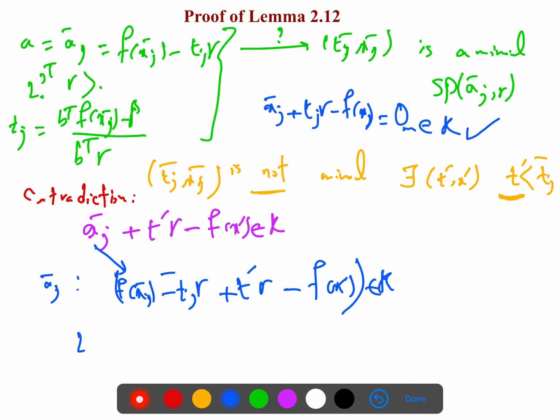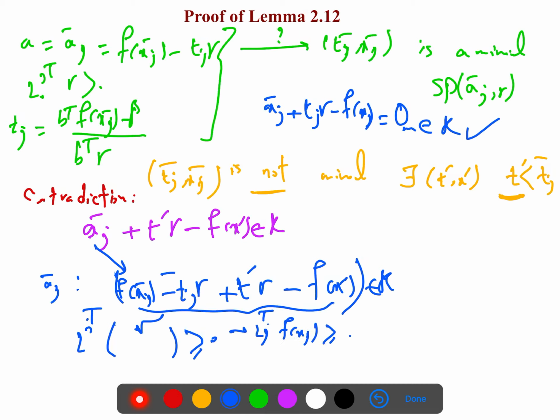If I multiply all of this by Lj transpose, then this one is greater or equal to 0, and that means that Lj transpose f of xj is greater or equal to Lj transpose f of x prime plus tj bar minus t prime times Lj transpose r.